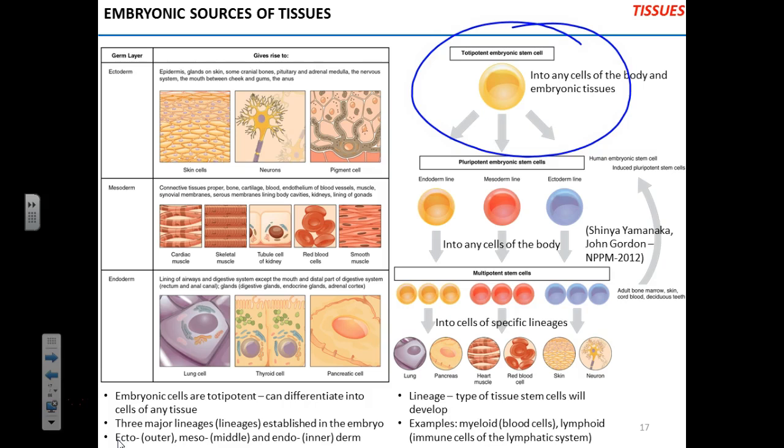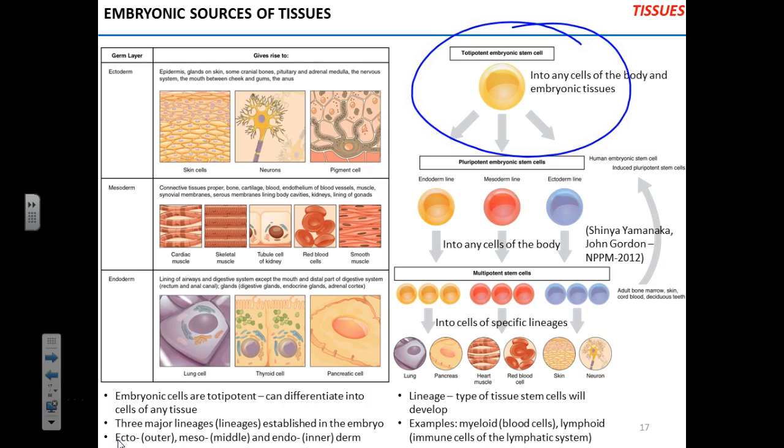These cells are called totipotent stem cells. Well, stem because everything stems from them, and toti means total. They can become any cell in the body, literally. Totipotent stem cells can become any cell in the body. And then, now I'm going to tell you 2 words which I just found out today are not in the study guide, but you must know them. I want to be very clear about it.